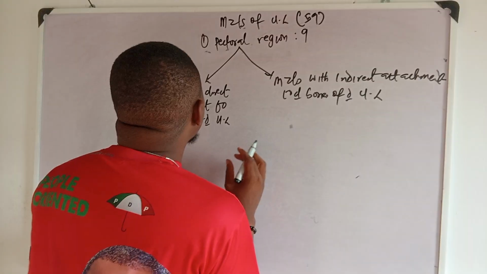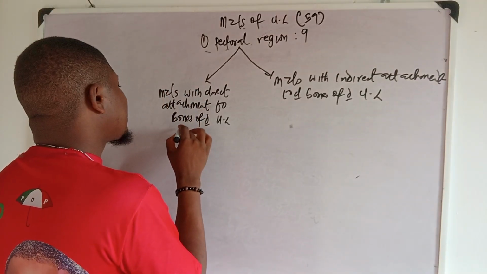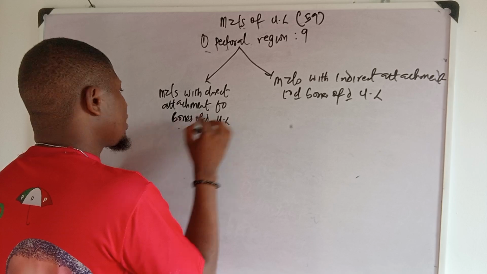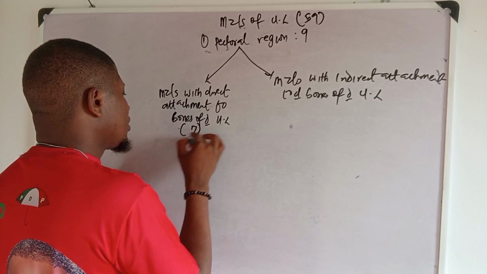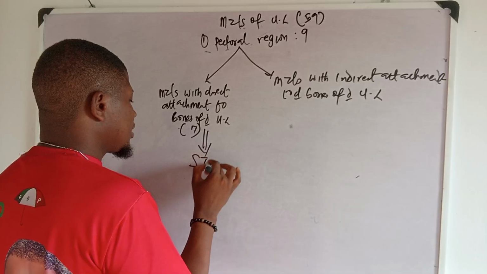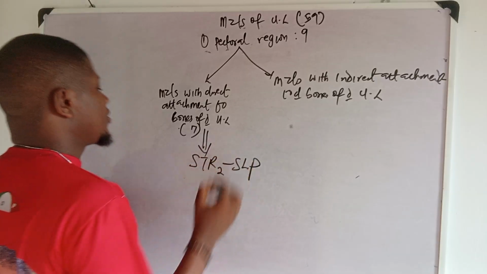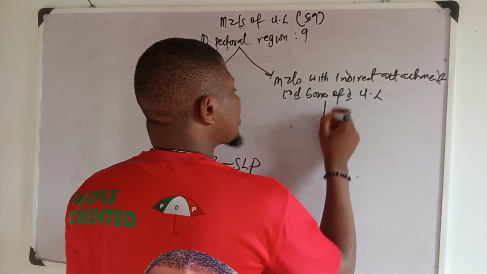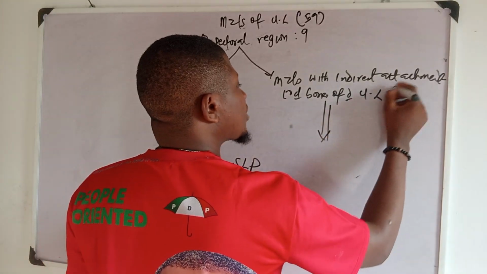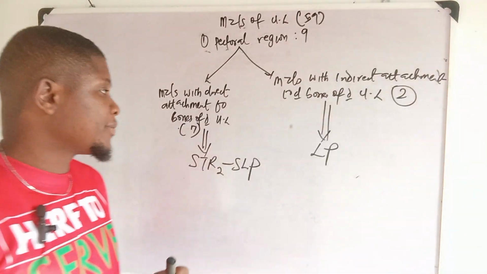For direct attachment, there are seven, and I call them "street sleep". For indirect attachment, there are two, and I call them "labor party", LP.